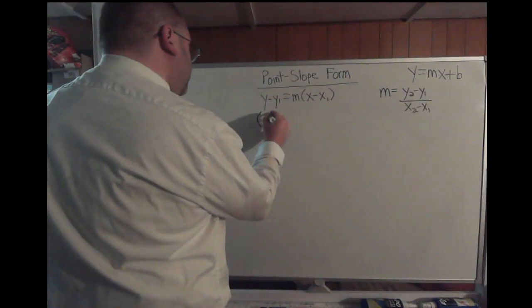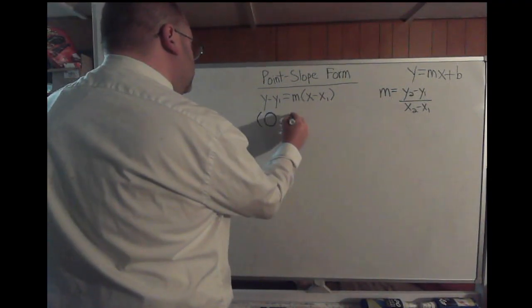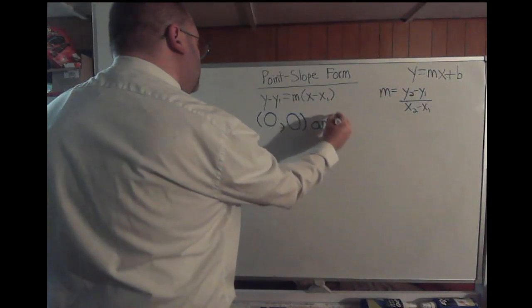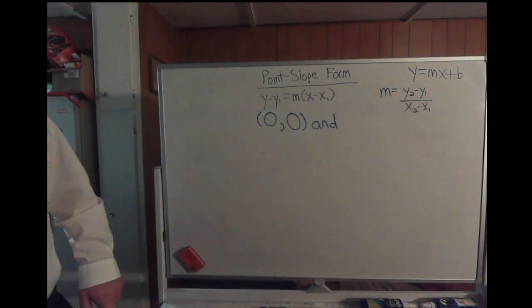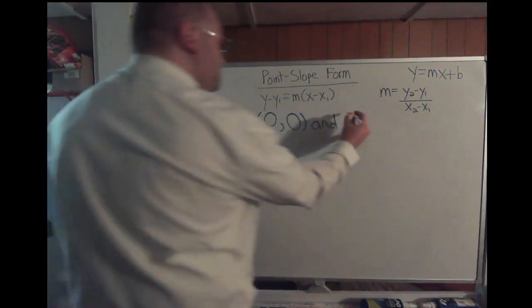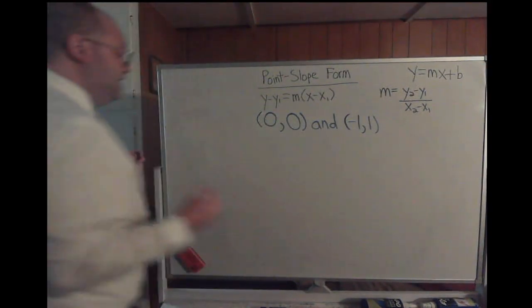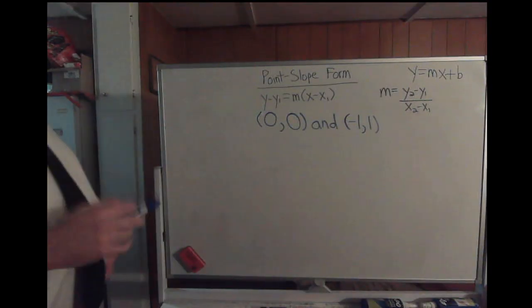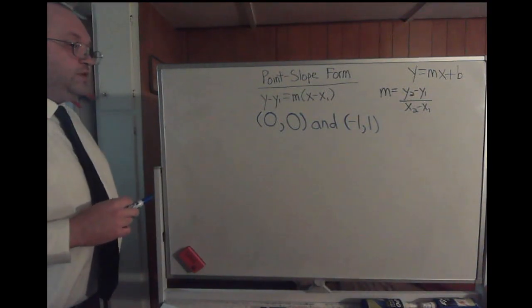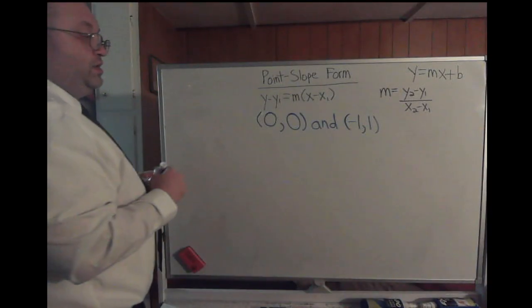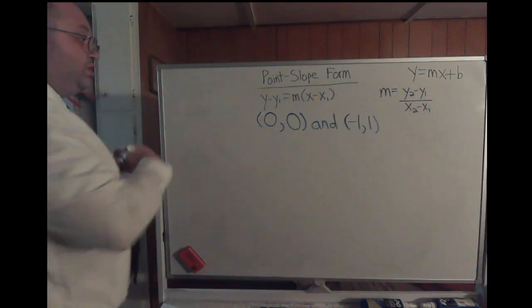We have the points 0, 0, and negative 1, positive 1. Alright, so we want to find the slope-intercept form of the equation of the line running through 0, 0, and negative 1, positive 1. Well, first thing, you're going to do your slope.